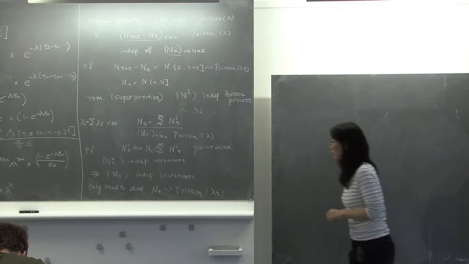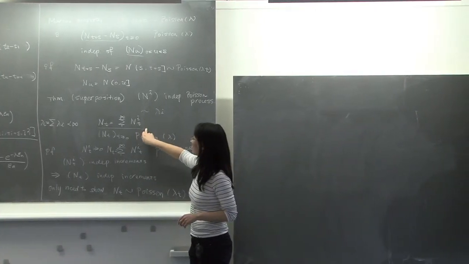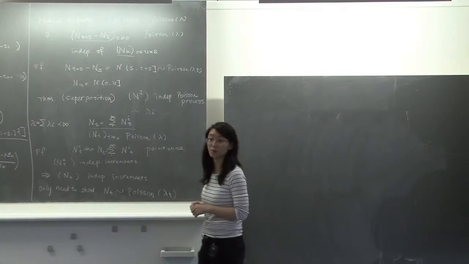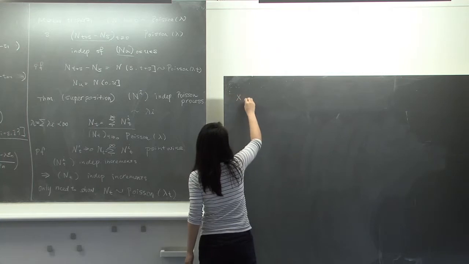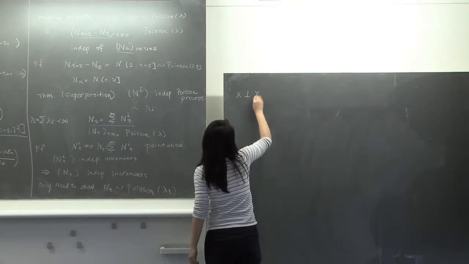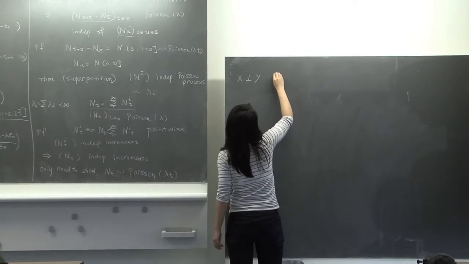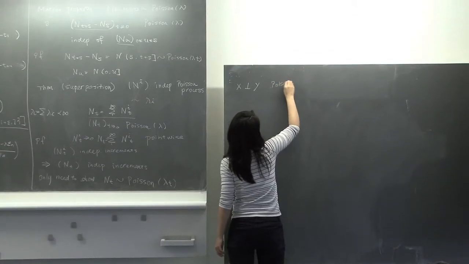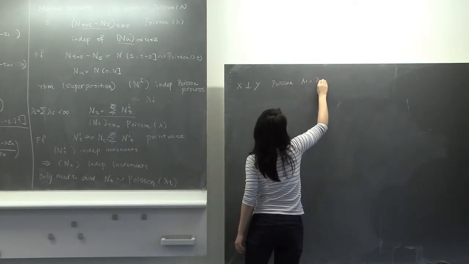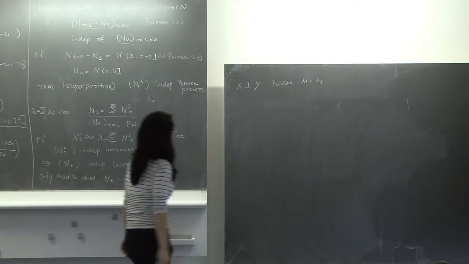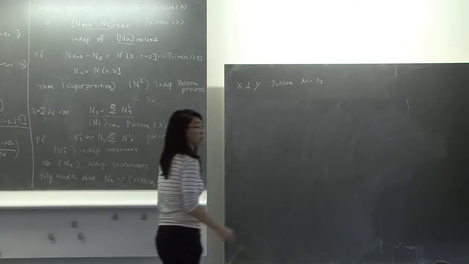So how do we calculate the law of N_t? We know that N_t is the summation of N_i(t), and each N_i(t) is a Poisson random variable. So we start from two random variables. Suppose we have two independent Poisson random variables x and y, where the first one has intensity lambda_1 and the second one has intensity lambda_2.